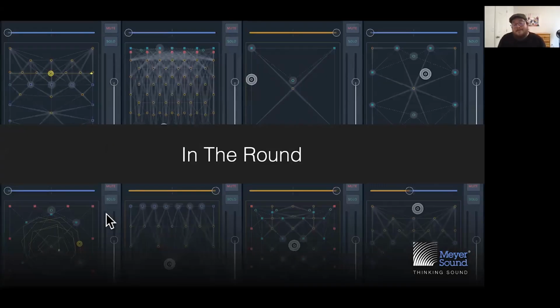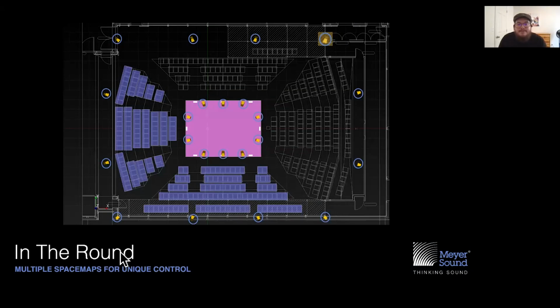Let's talk about the mother of all sound systems. That's really difficult, but yet producers and directors like to use it because it sells a lot of seats. That's in the round. So this is Sydney Theatre Company. What they had was a whole bunch of loudspeakers with a certain given inventory, and their space is configured differently for each show.